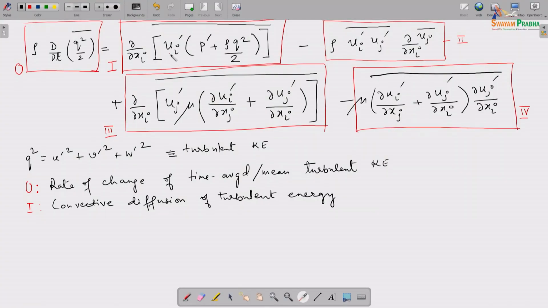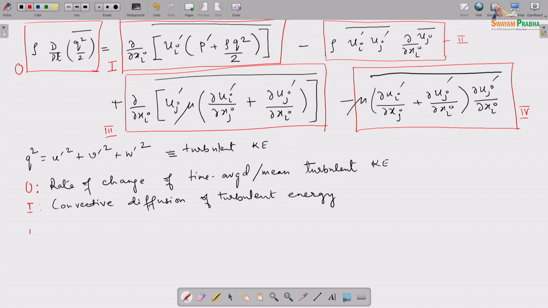All of that is happening as the fluid is moving with a velocity, which is the fluctuating part, U i. We look at that change over space, x. Hence convective diffusion of turbulent energy.